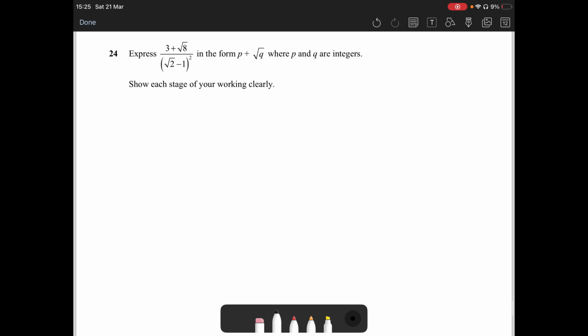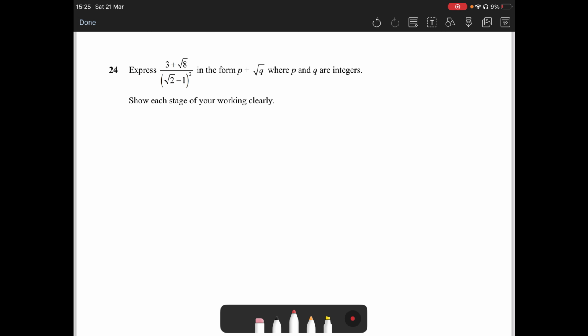Now, before we rationalize the denominator, let's just deal with squaring it out first. No point in timesing it by root 2 plus 1, because with that power, there might be problems. So first things first, what's root 2 take away 1 squared? So root 2 minus 1, root 2 minus 1. You've got root 2 times root 2, which is 2. Root 2 times minus 1 is minus root 2.